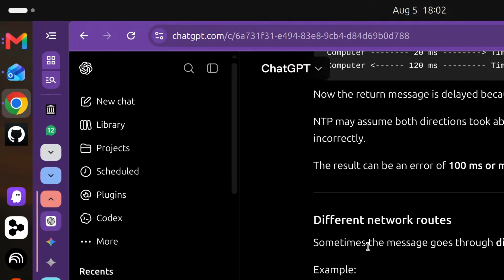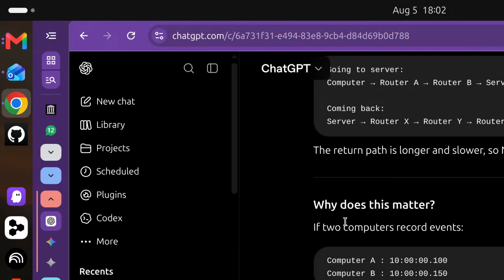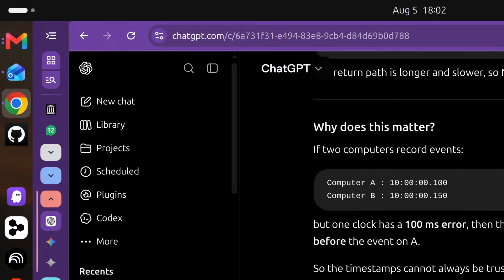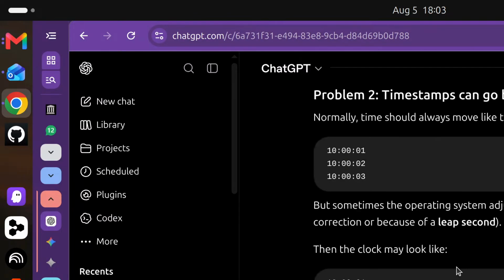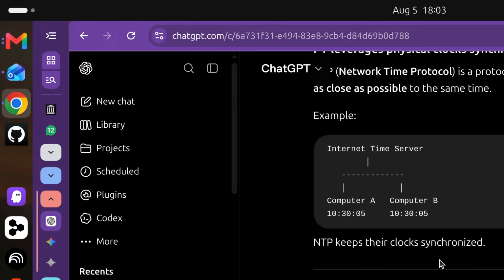With different network routes, sometimes the message goes through one path and is received from a different path. So if two computers record events, and one clock is off by 100 milliseconds, event B may actually have happened before event A, but the timestamp cannot always be trusted to determine the correct order. Okay, that's understandable.